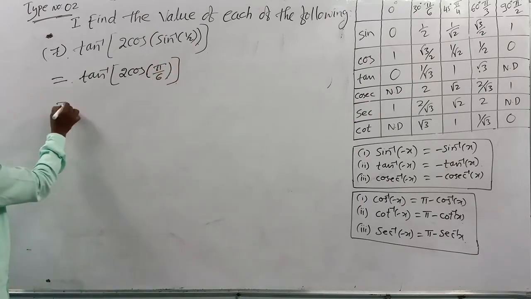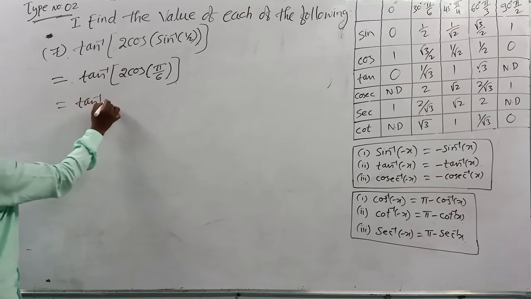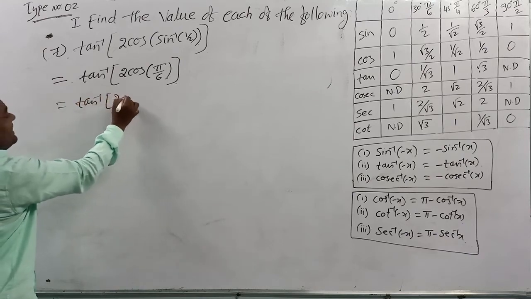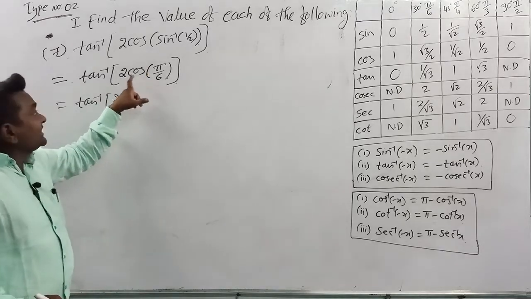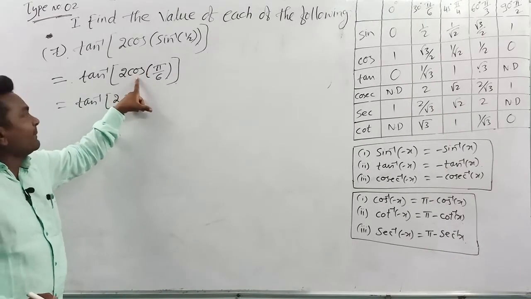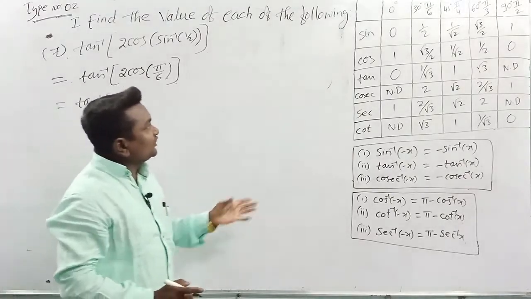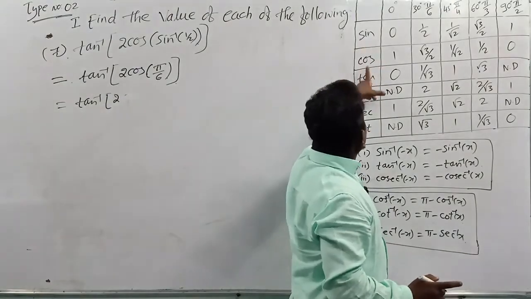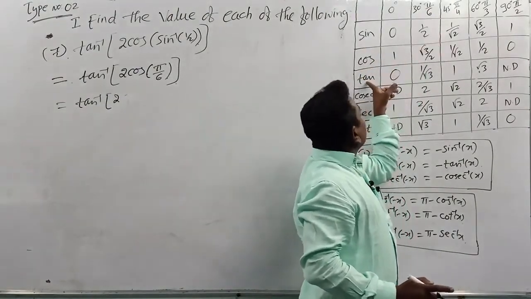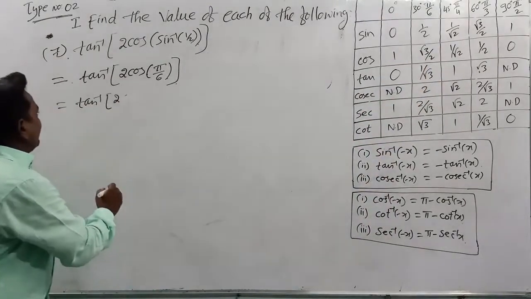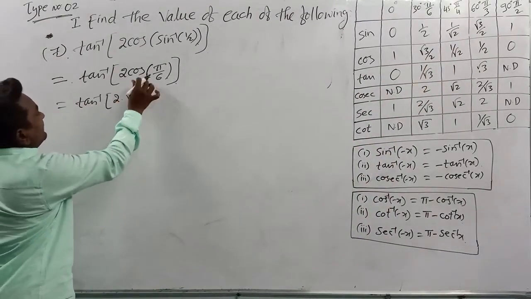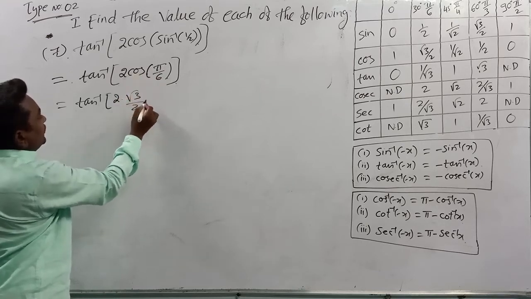Now again tan inverse outside keep as it is into 2 times cos. See here, cos pi by 6. This is a trigonometric function, remember. So cos pi by 6 means cos 30 degree is equal to root 3 by 2. Its value is root 3 by 2.